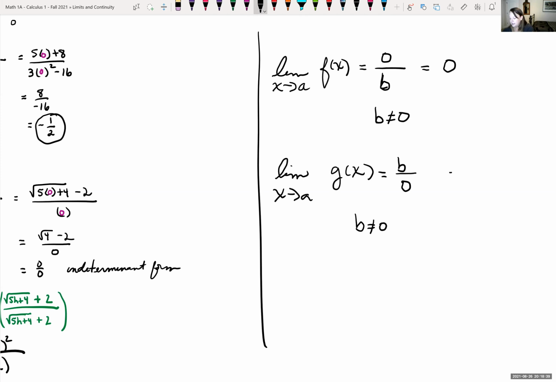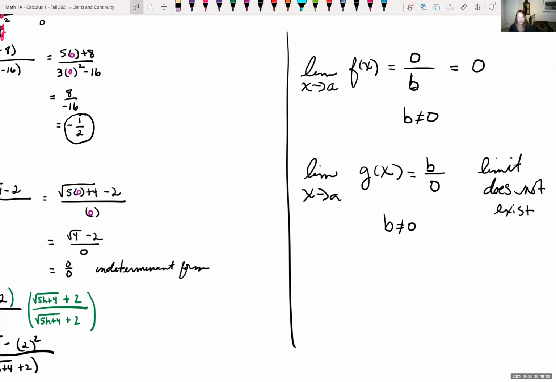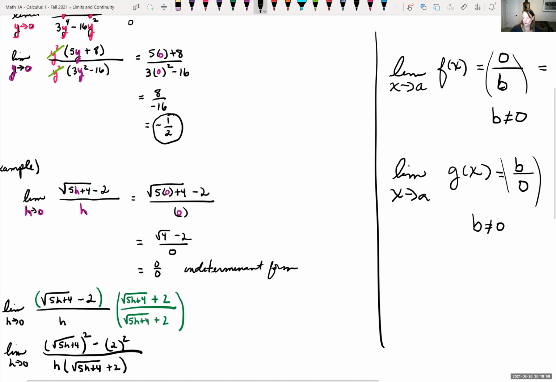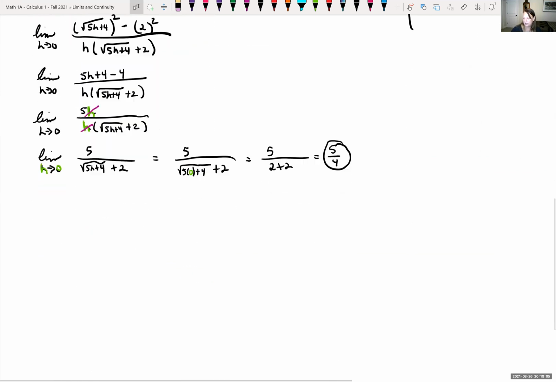That's another way to say this. So I just wanted you to be aware of that, because sometimes students will see this and either think it's an indeterminate, or they'll see the indeterminate form and think it's undefined, or the limit doesn't exist.